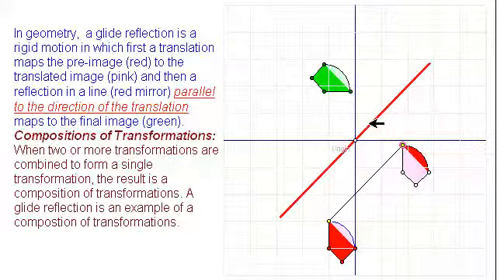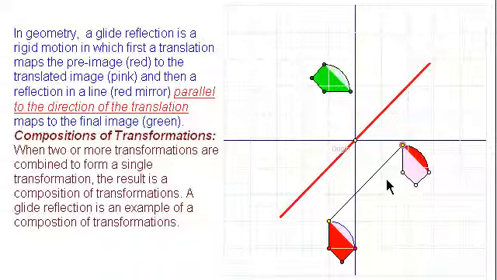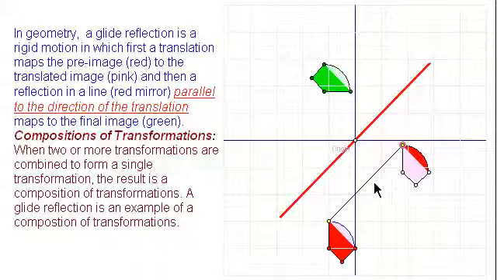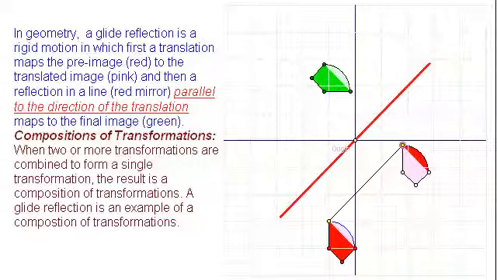You can see it is the same. These two lines for a glide reflection must be parallel. The line of reflection must be parallel to the line of translation. That is important. I'm going to show you a counter example.